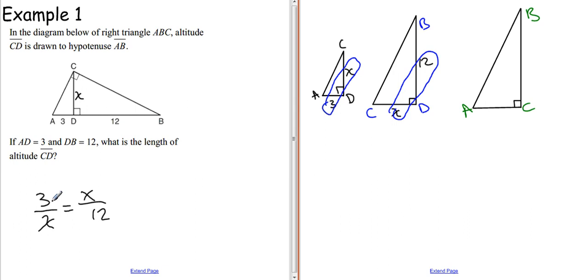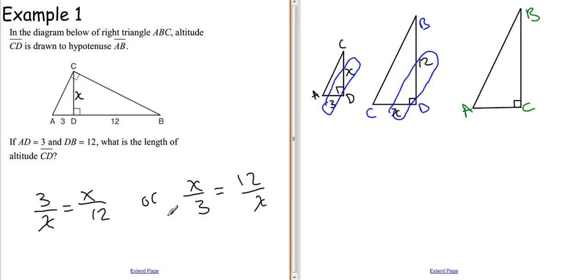And that's how I get 3 over X equals X over 12, or you could do X over 3 equals 12 over X, which is the same as that. That's how I got the proportion, because all these triangles are similar to each other. After you flip them and rotate them and orient them all the same way, you get a proportion like that. That's how I got my answer of X equals 6.